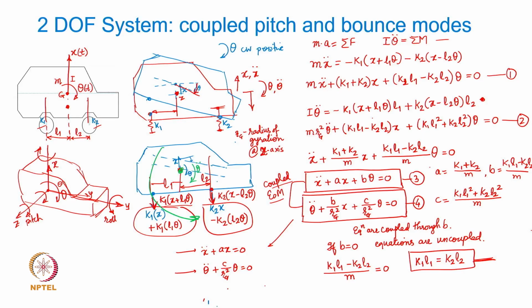But if B is not equal to 0, then the general motion will be coupled motion. That means when the car body moves down, it does not just move down, but it simultaneously pitches, okay, like this. So pitching and bouncing will happen simultaneously, and that is how the general motion is going to be coupled pitching and bouncing motion. Is that clear?